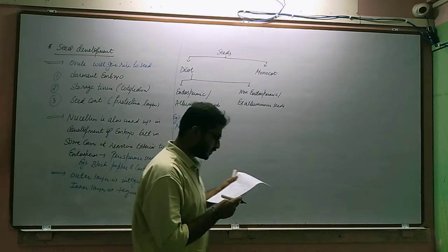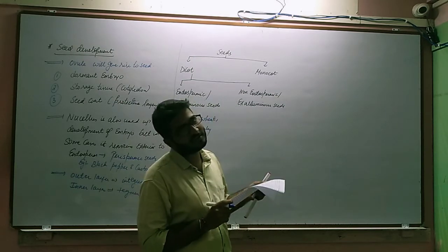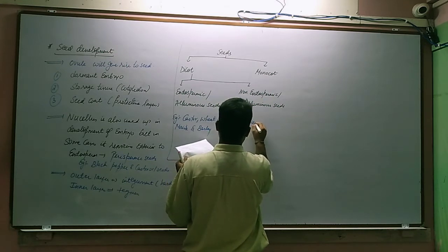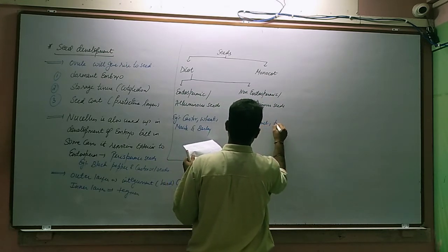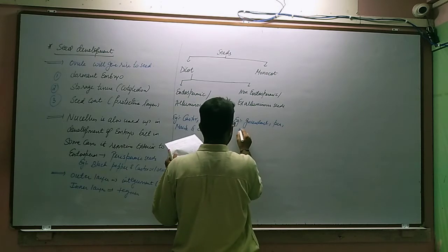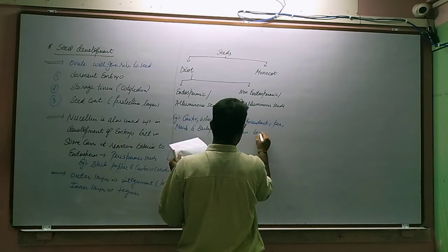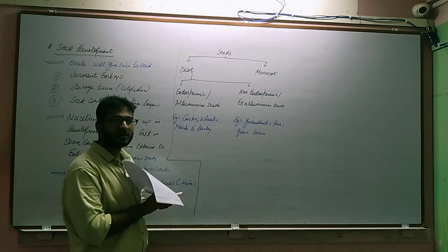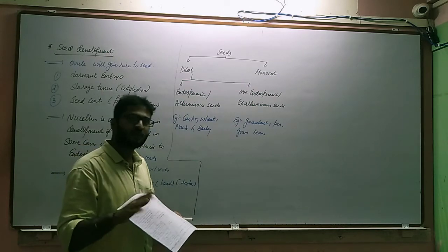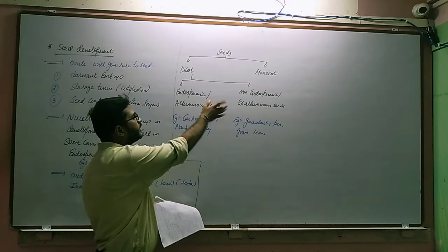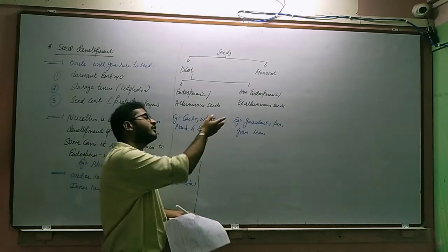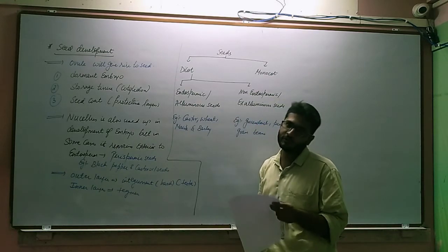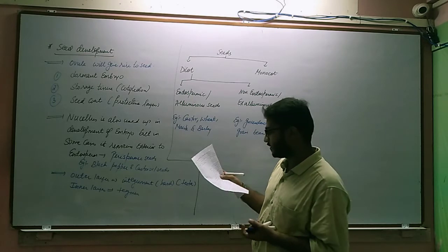For non-endospermic we have pea, gram, beans as well as groundnut. So again dicot seeds are divided into endospermic and non-endospermic, albuminous or non-albuminous or ex-albuminous, depending on the presence or absence of endosperm in the seeds. Examples are very important for competitive exams as well as board exams.